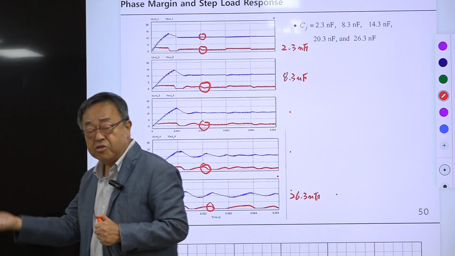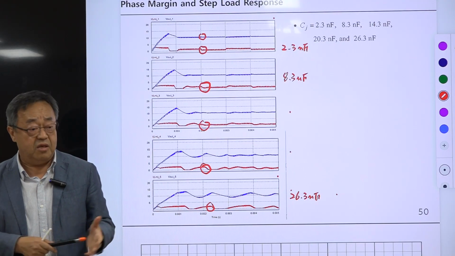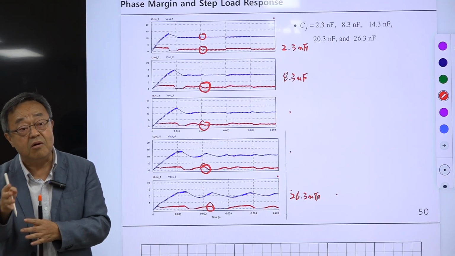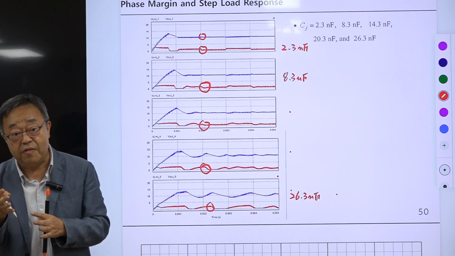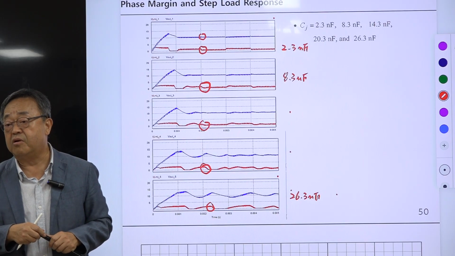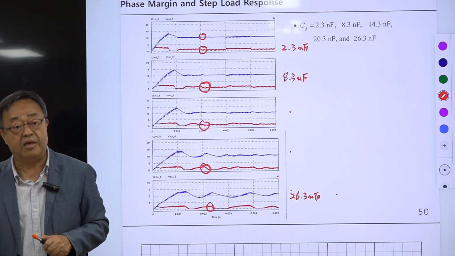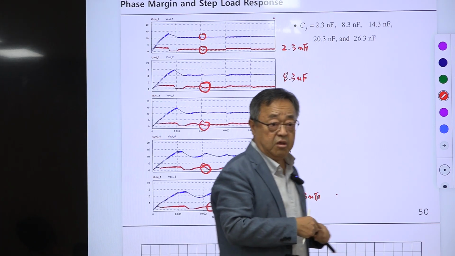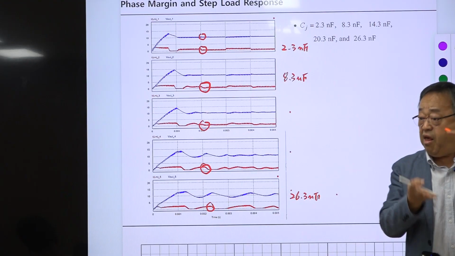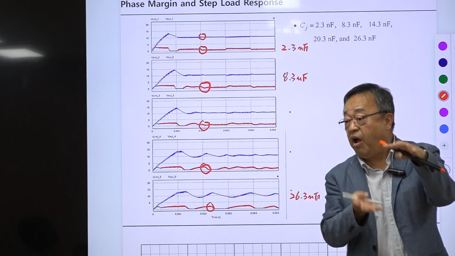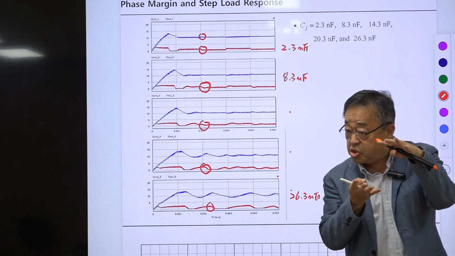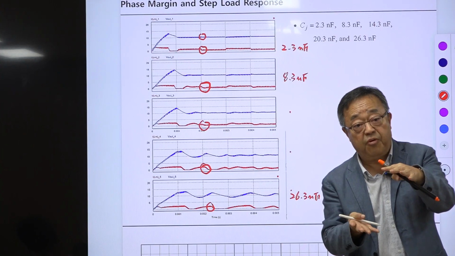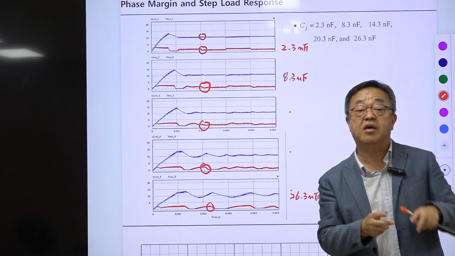Many students or many engineers, if they have a power supply, arbitrarily add output capacitors to reduce the ripple component, then it can make the converter unstable. I saw that case so many times. Another case is an electrolytic capacitor which has large ESR. So you buy a very expensive, fancy capacitor with small ESR.